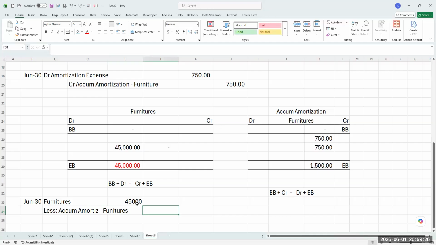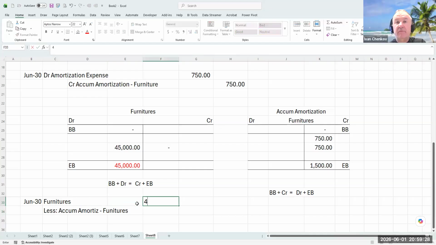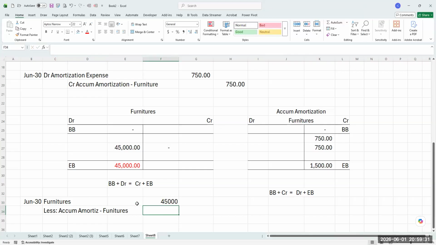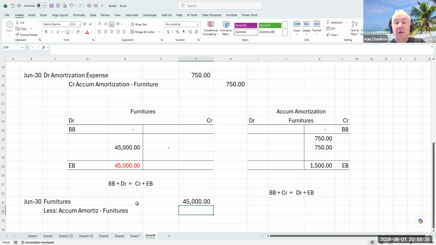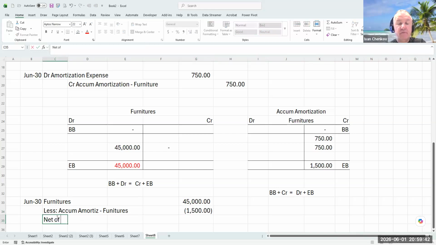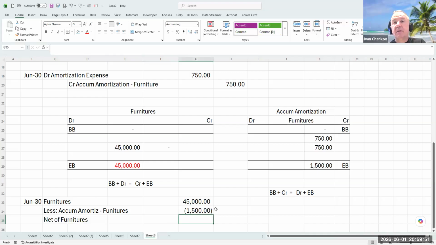Less accumulated amortization, 1,500, and I'm going to have net of furnitures, and that's going to be the difference between those two, or it's going to be 43,500.